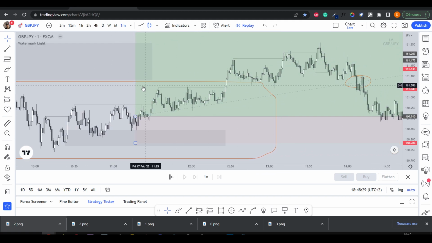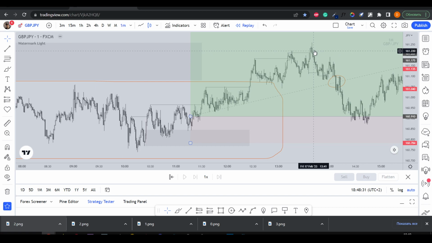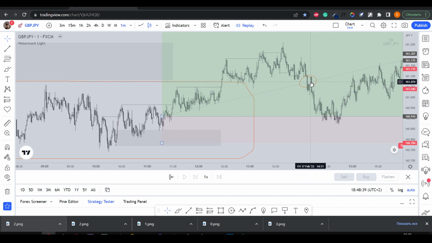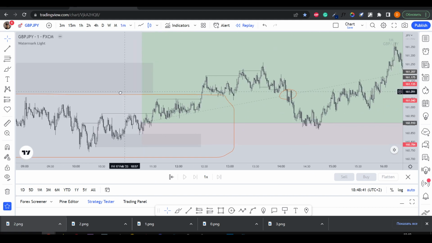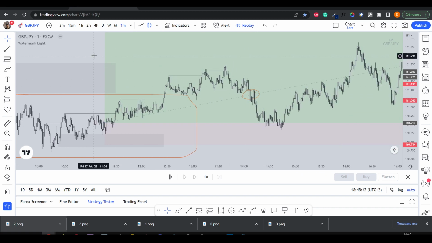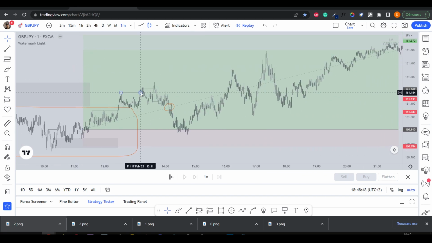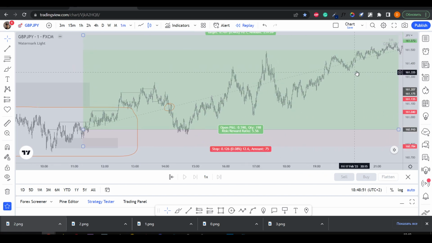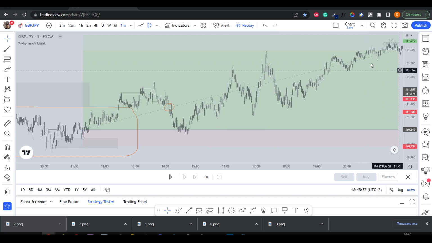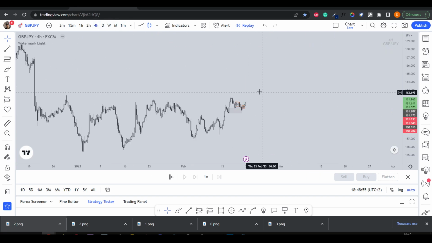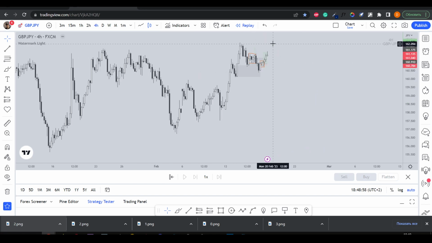It started to run, and when it created two breaks to the downside, as it was Friday, I realized that I would probably be taken out at break even at this point, and I just closed at 1.5 R. But the price took me out at break even if I was still in the market, and ran to 4 R and above, and will probably run even more next week to create this new high. So you can go back to this time and check what will happen.